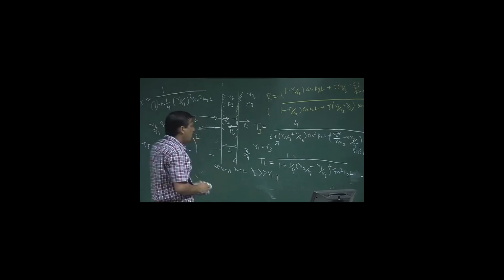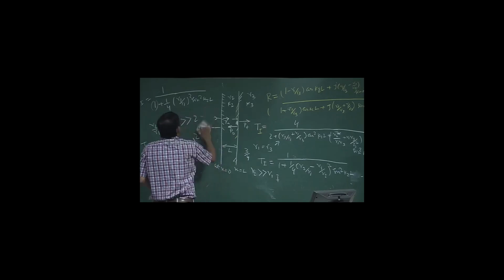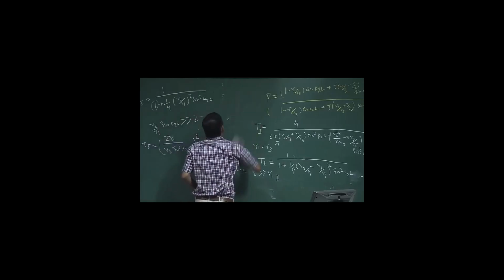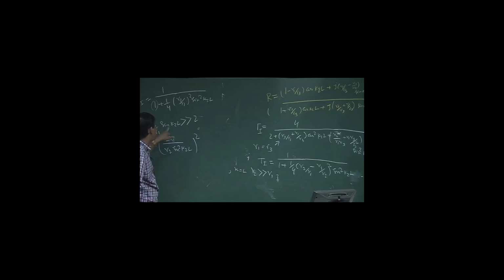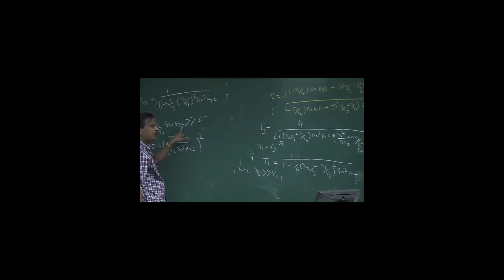Now, another simplification. What I said is that R2 by R1 sin K2L is much greater than 2. R2 is the characteristic impedance of the wall, R1 is the characteristic impedance of the air, and L in sin K2L is the thickness of the wall.